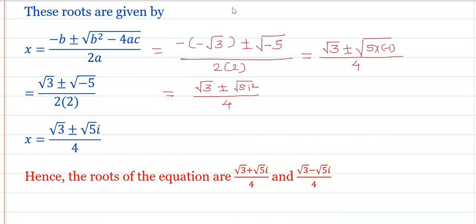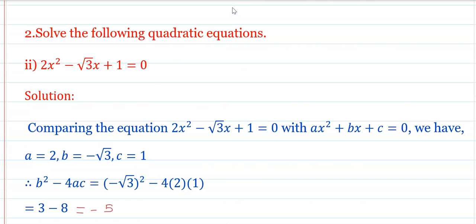And therefore, x is equal to root 3 plus or minus root 5, square root of i square is i, upon 4. And hence, the roots of the equation are root 3 plus root 5 into i upon 4 and root 3 minus root 5 into i upon 4. These are the roots.